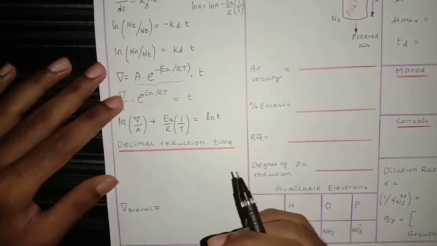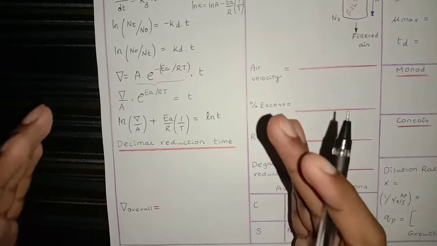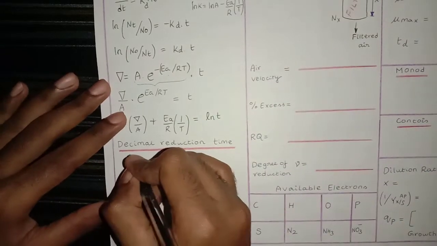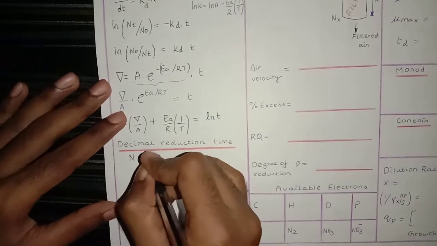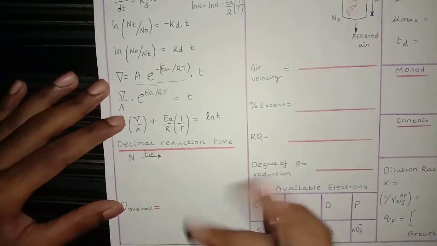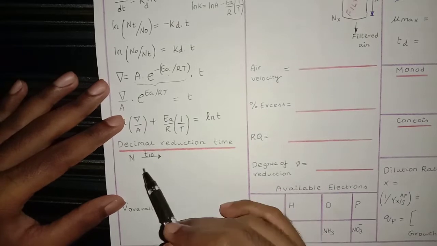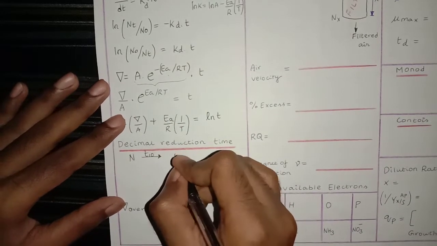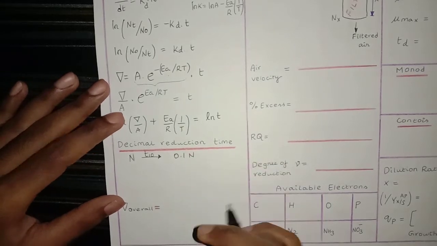And we go to what is called the decimal reduction time. Decimal reduction time is the time taken to reduce the number of cells to 1/10 of the initial value. That is, if n cells are present, after the decimal reduction time, denoted by T10, the number of cells would be 1/10 of n, that is 0.1 n.